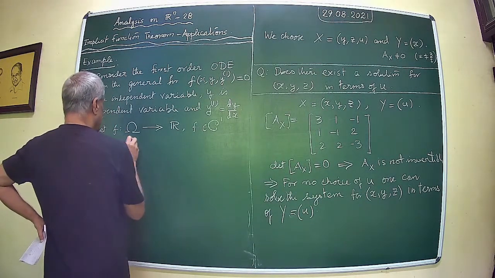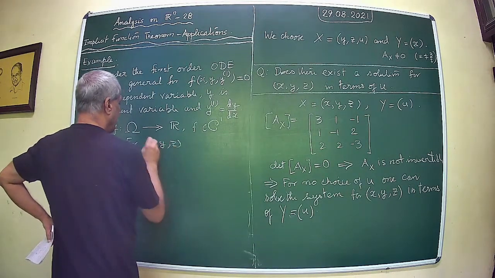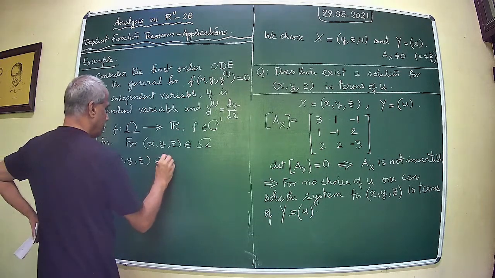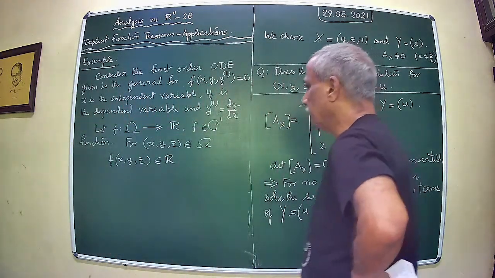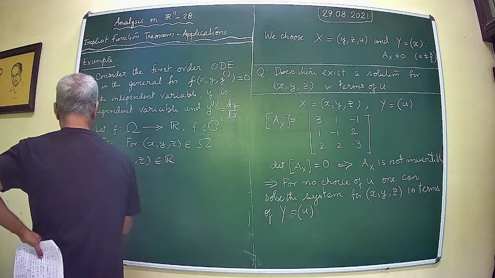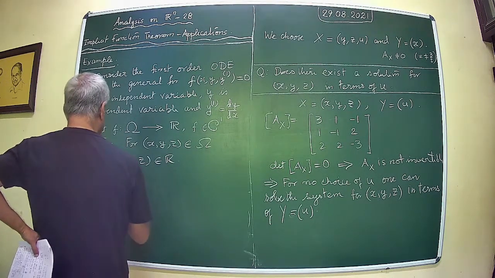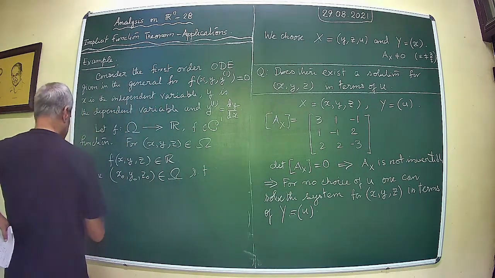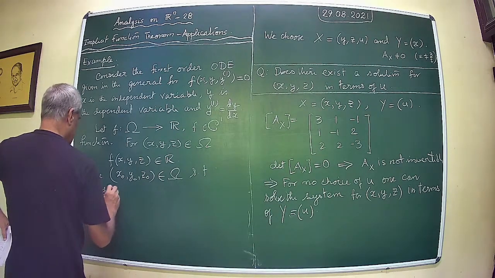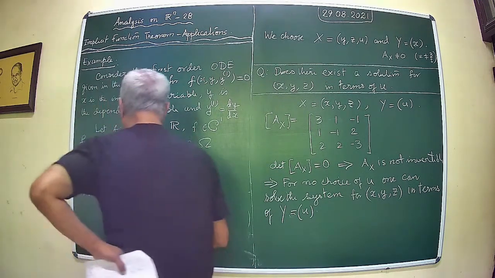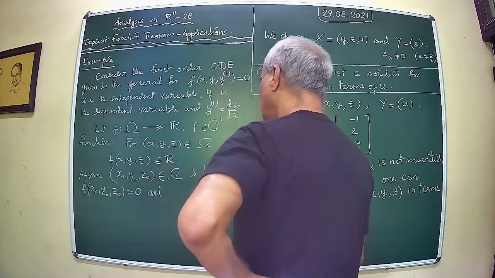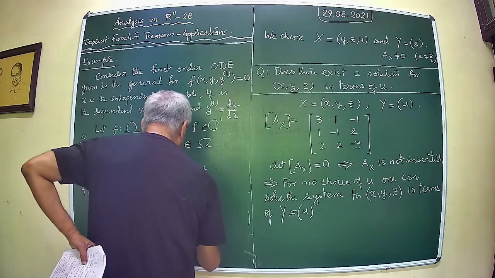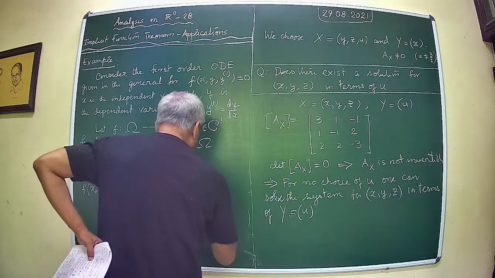So for a real valued function, we also assume x naught, y naught, z naught equal to 0 and df by dz not equal to 0.